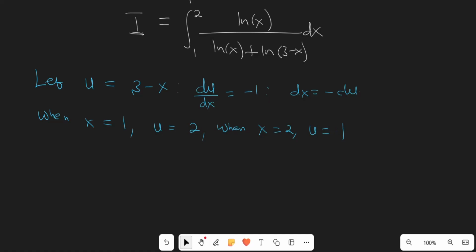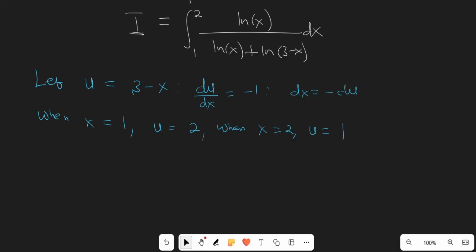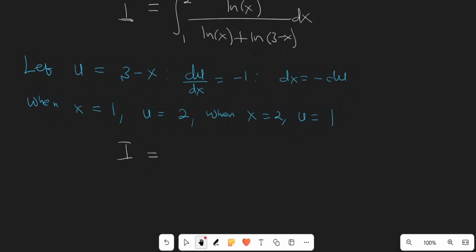So our integral I now becomes the integral from 2 to 1 of the natural logarithm of x. What is x? x here is 3 minus u.